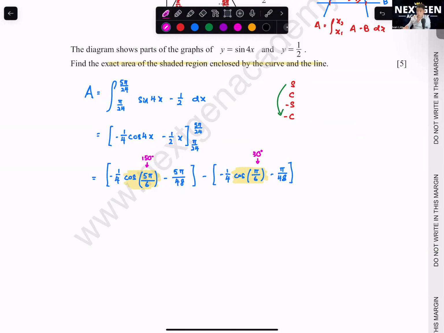Do you know that you can actually find values that are not 30, 45, and 60 degrees? You need to know how to derive from your ASTC also, based on the special angles. So what is cos 150 degrees? What is it equivalent to? Do you all understand the concept? Cos 150 degrees.